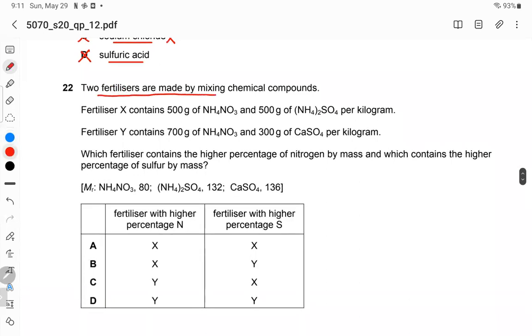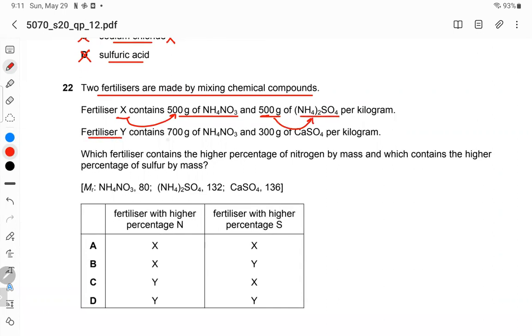Two fertilizers are made by mixing chemical compounds. Fertilizer X contains 500 grams of ammonium nitrate and 500 grams of ammonium sulfate.